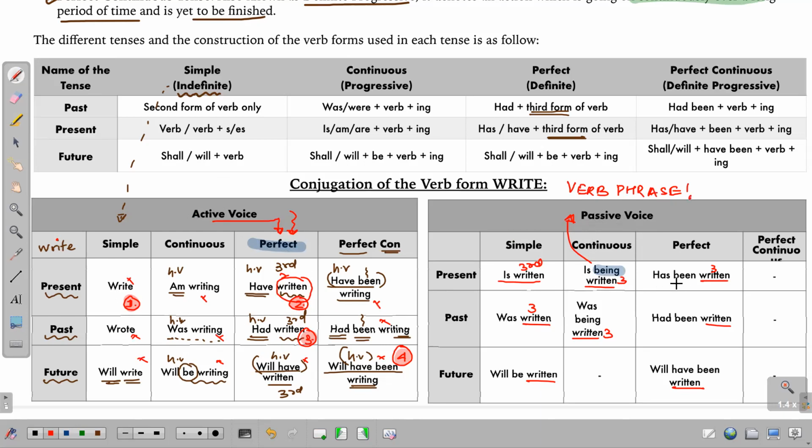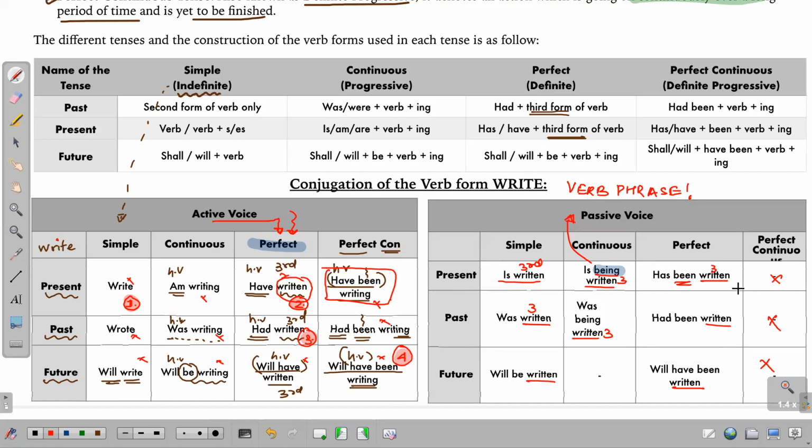Okay. So has been writing, see, has been written, and there is no passive perfect continuous. Why? Because perfect continuous will split the whole thing of existence. For example, if I just force this tense into the passive, the tense will have to be I have been being writing, because being will be added because of the continuous form.